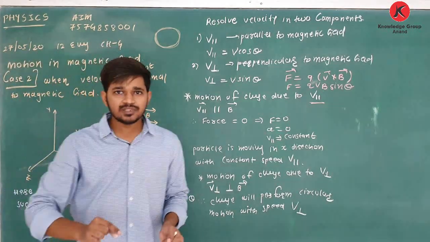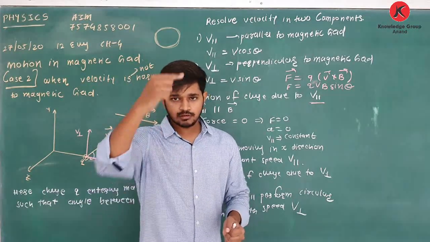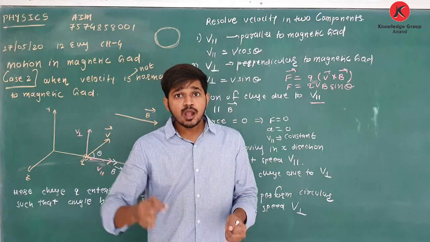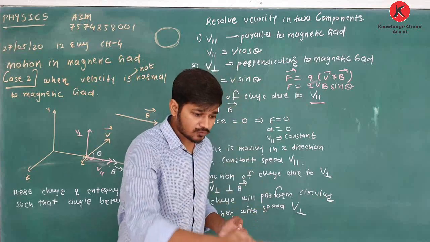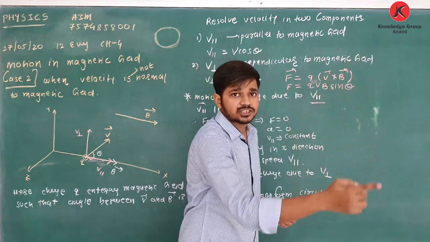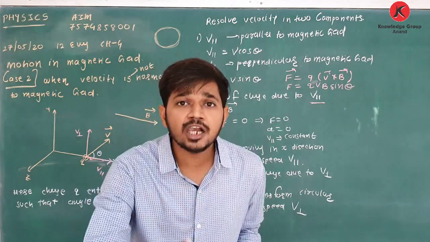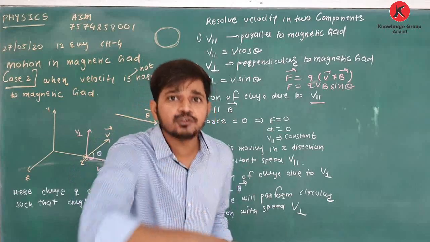What is the difference between circular motion and helical motion? If the object performs only this motion, it is called circular motion. But when the object performs circular motion and is also moving in the forward direction, then such motion is called helical motion. Helical motion is the resultant of two individual motions.